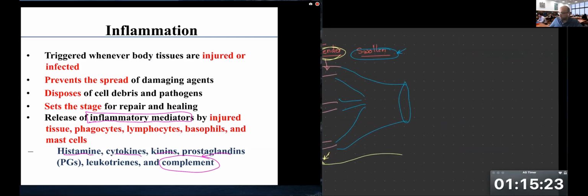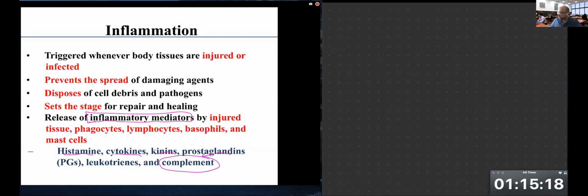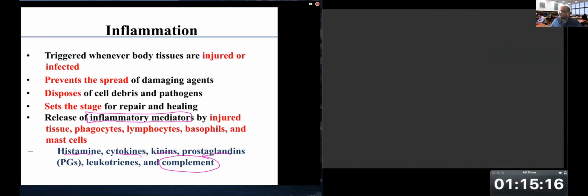Remember, is inflammation something good or bad? Remember, this was both good and bad. How is it both good and bad? If I have exaggerated inflammation, excessive dilation of the blood vessels, remember, this is going to cause a major problem.